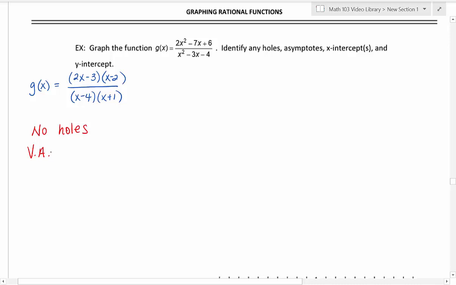Each of those factors is going to give us a 0. We're going to have two vertical asymptotes at x equals 4 and x equals negative 1. Remember that you need to write the x equals for each one of the vertical asymptotes. We are writing equations of lines.